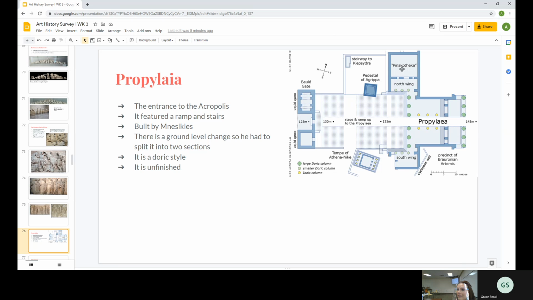The north wing and the Pinacotheca and the south wing are not even because it didn't get finished over here. Never done. This, though, on the north wing ends up becoming an art gallery, and it's quite possibly the first art gallery ever for public consumption rather than private.